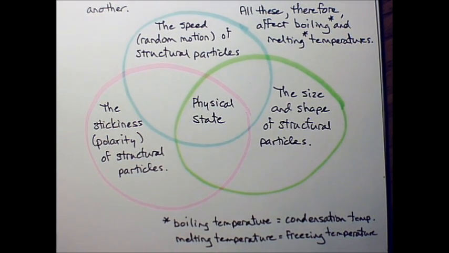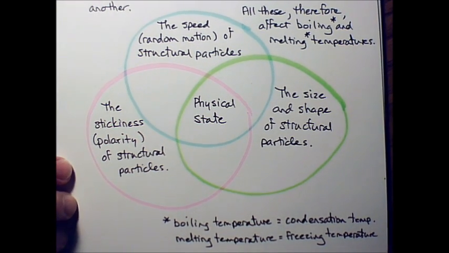Melting temperature and freezing temperature are the same thing. Water freezes at 0 degrees C and it melts at 0 degrees C. Water boils at 100 degrees C and it condenses at 100 degrees C. And those are two values you need to know by memory. Okay?